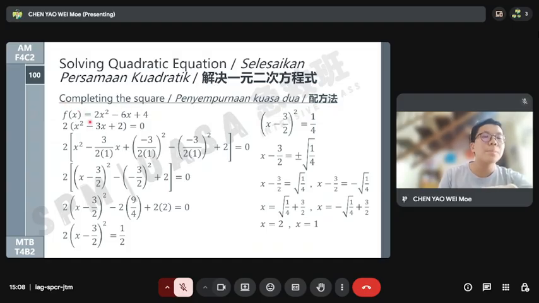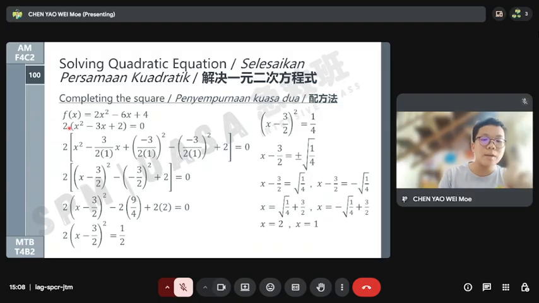When doing completing the square, you must always make the coefficient of x squared become 1, meaning the a must be 1, it cannot be more than 1. So we can factor out the 2, make it like this.